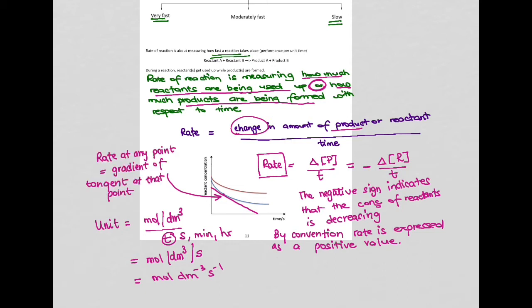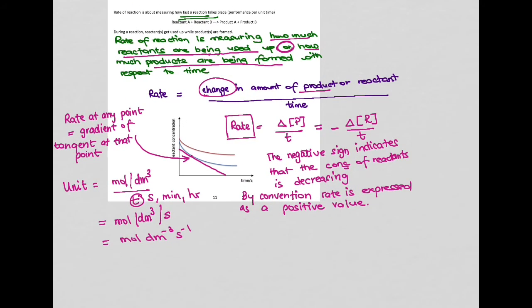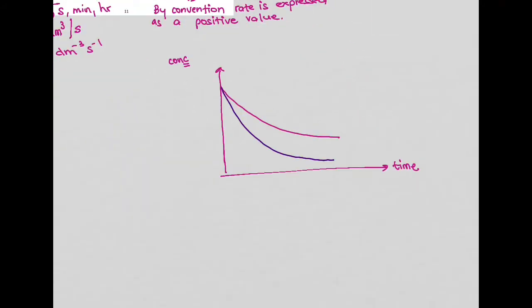Now, if you look at this graph, you can see that here we have two lines, maybe for two different reactions. Let's redraw this so that it's visible for you. Let's see what's happening to the rate as the reaction proceeds.